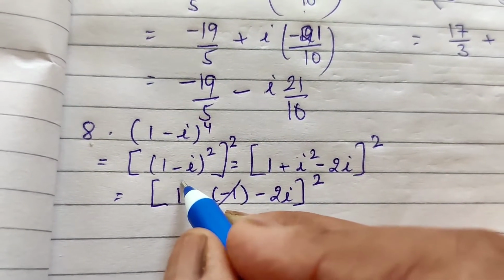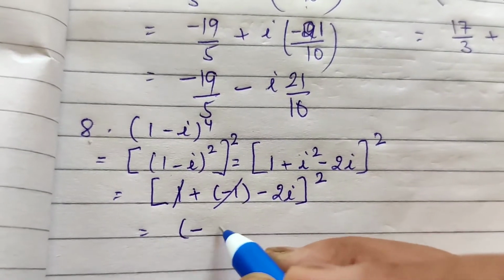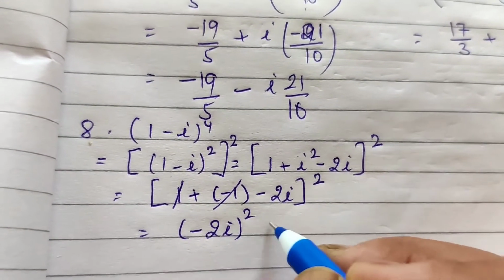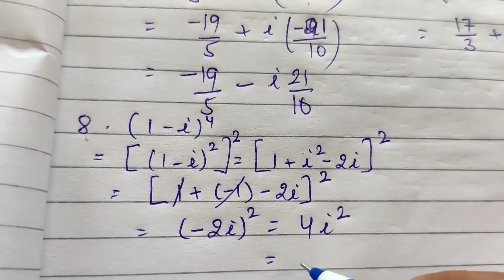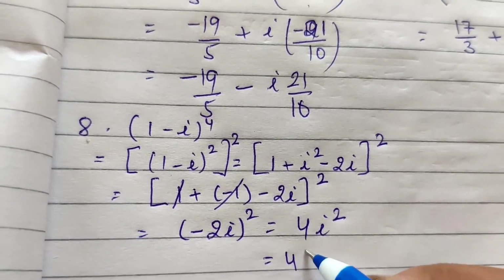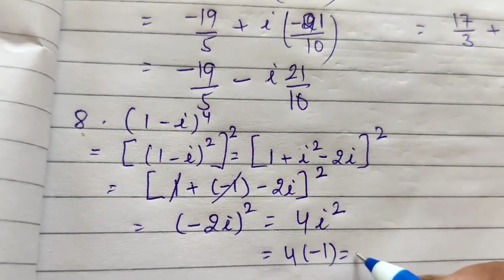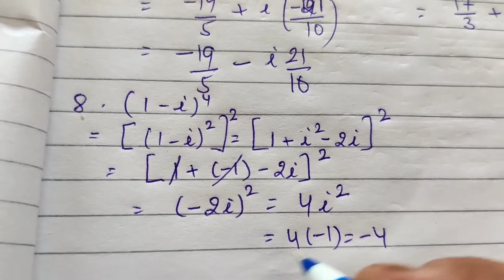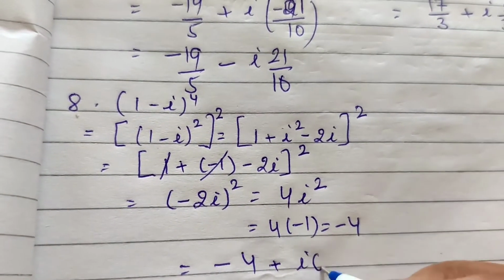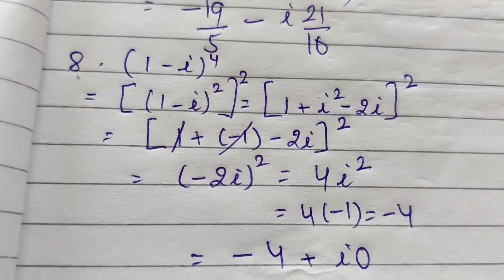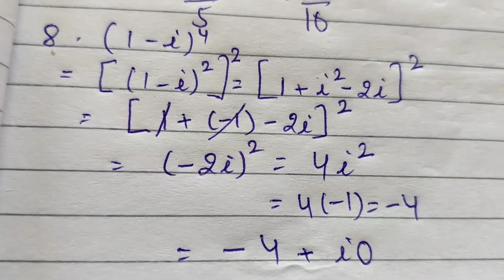Minus 1 plus 1 cancel. It is equal to minus 2i whole square. It is 4i square, and 4 into i square means 4 into minus 1. It is equal to minus 4. And we can write in a plus ib form: a plus i0. Here is no imaginary part, therefore minus 4 plus i0.